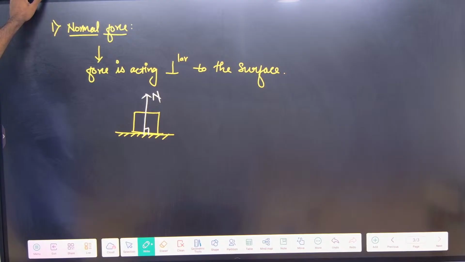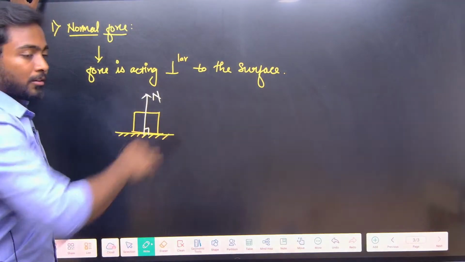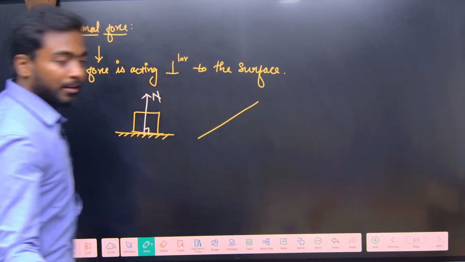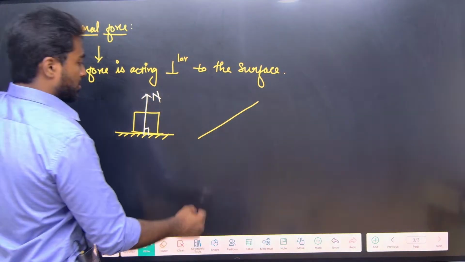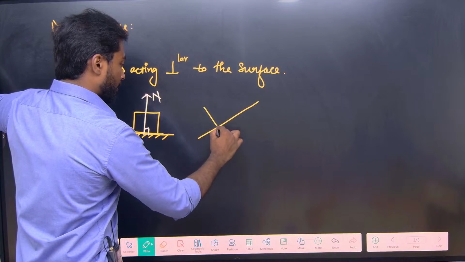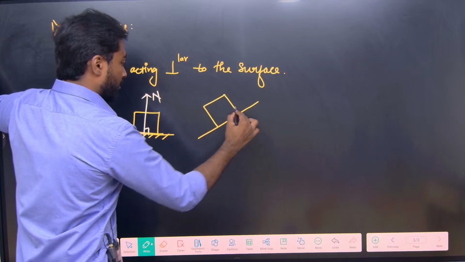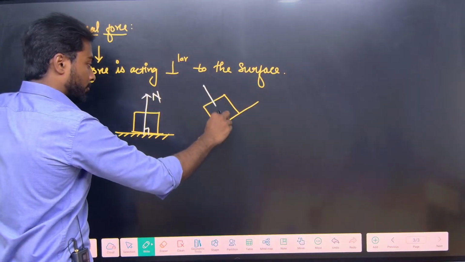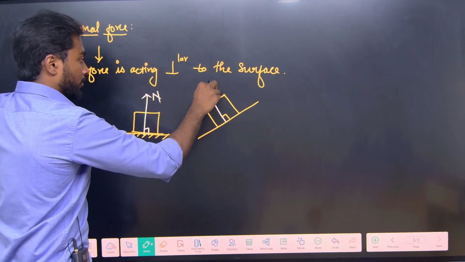Okay sir, you took a flat surface. Suppose the surface is inclined or declined, how, sir? Simple, again if I draw the object like this, perpendicular I have told, so this will be my perpendicular, this is my normal.